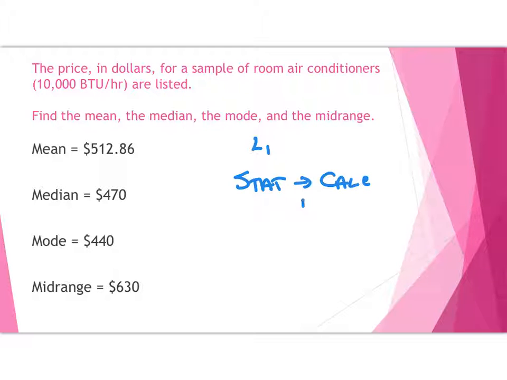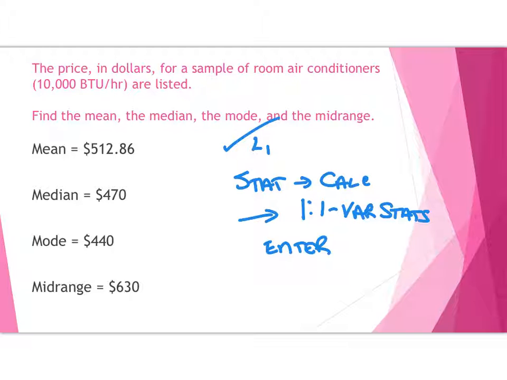When you go over to calc, the thing that's already highlighted is one variable statistics. So you hit enter once to get that command to show up on the home screen. Then if your data is in L1, you can just hit enter again.